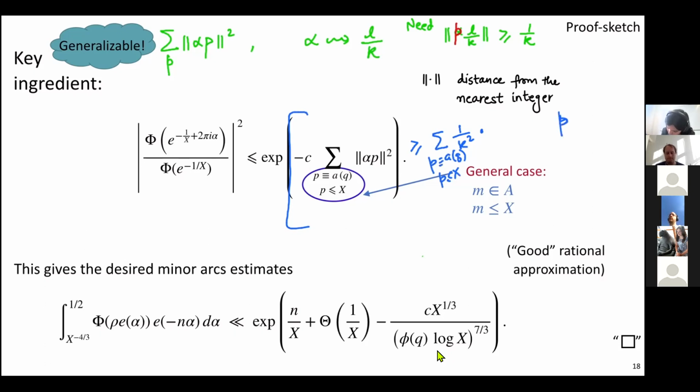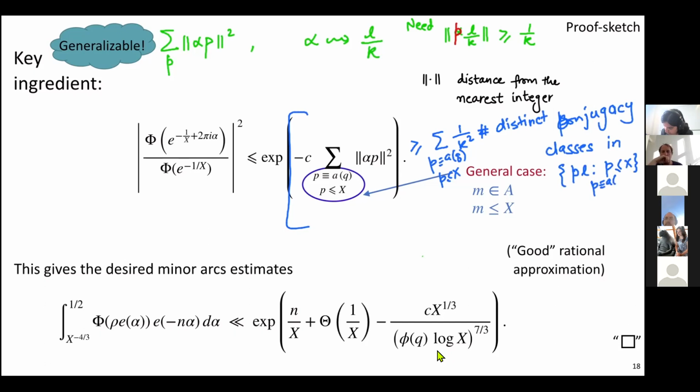So this times the distinct conjugacy classes in the set. What did you have? I had P times L in the set, P less than X, where L is fixed in this case, and P is again in the arithmetic progression A mod Q. So this condition will always be there. So how many distinct conjugacy classes are there in this set? That's what you need to write.